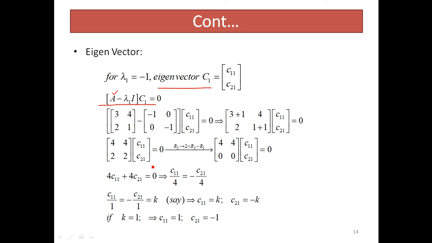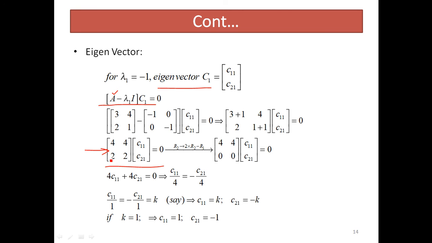Multiply, and you will find the expression [4, 4; 2, 2] [C11; C21] equal to 0. On simply observing the matrix, you find that one of the rows can be made all zeros by just applying a row operation.